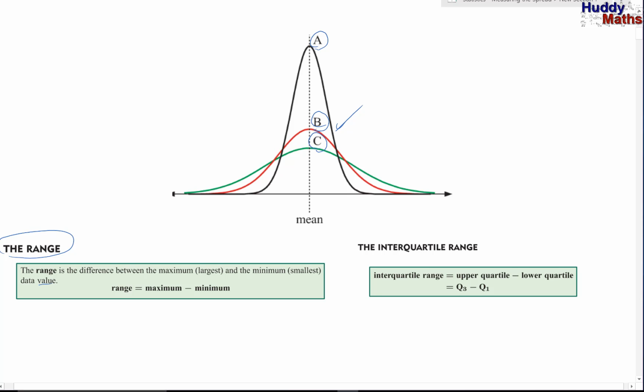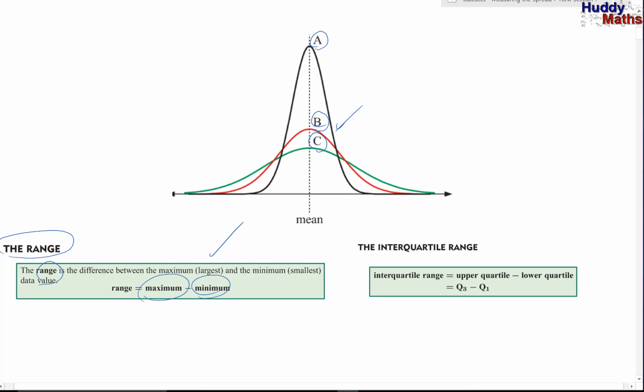So the range is the largest minus the smallest value. So that would be a reasonable thing to say here. I would guess they're nice and symmetrical, and the data is therefore evenly spread from the highest to the lowest. So we might give the range a tick in that situation.